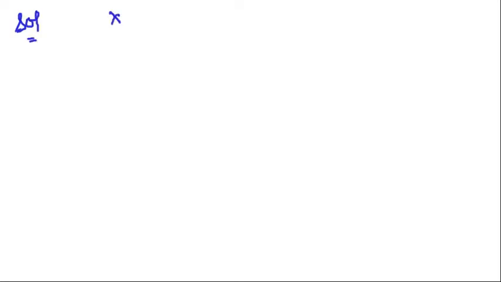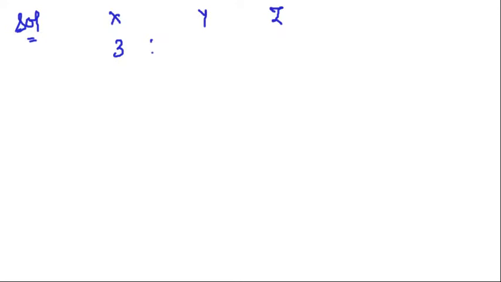There are three partners, X, Y, and Z. They are sharing profits in the ratio of 3:2:1. Now Z retires. The new profit sharing ratio between X and Y is given as 1:2. So what is the first step? Gaining ratio.